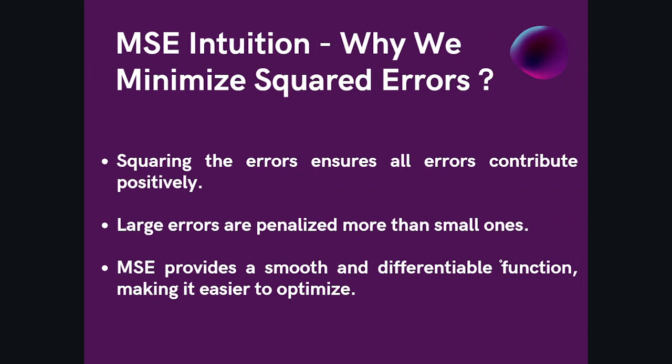Now let's see the MSE intuition. Why we minimize squared errors. Squaring the errors ensures all errors contribute positively. At this point, I think you all know that negative error doesn't make any sense. Error should always be positive. Error is basically the mod of the actual value minus the predicted value.